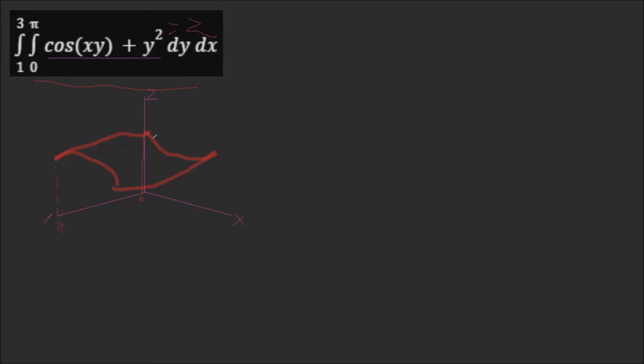However, on the x dimension, we begin at x equals 1 and end at x equals 3. That results in a rectangle, of course representing the cross section of this shape.